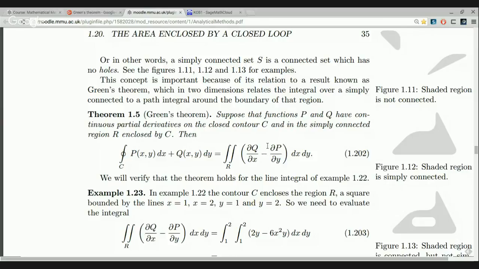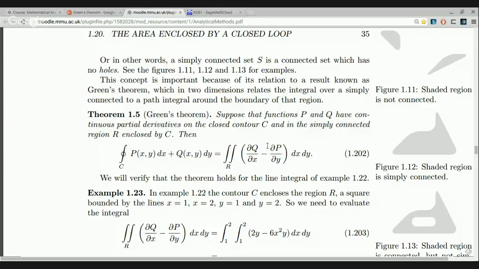The point is, when you integrate over all of these anti-clockwise, something interesting happens. So you have to integrate around the boundaries of all of these little rectangles anti-clockwise.